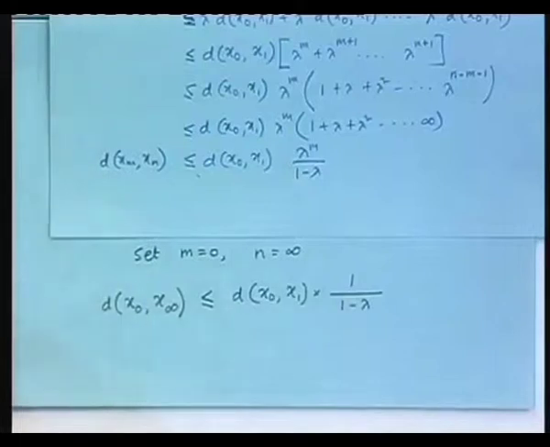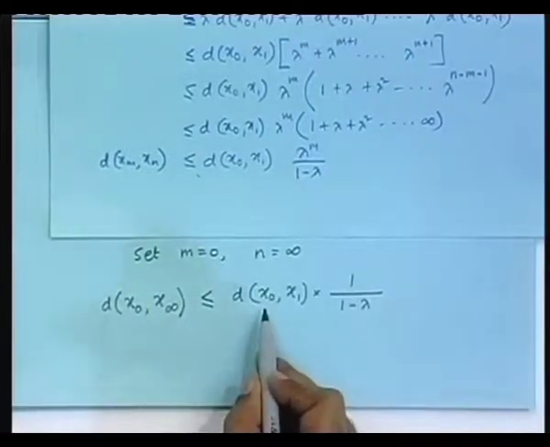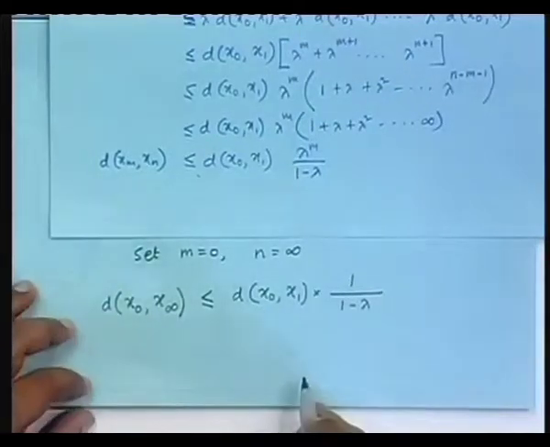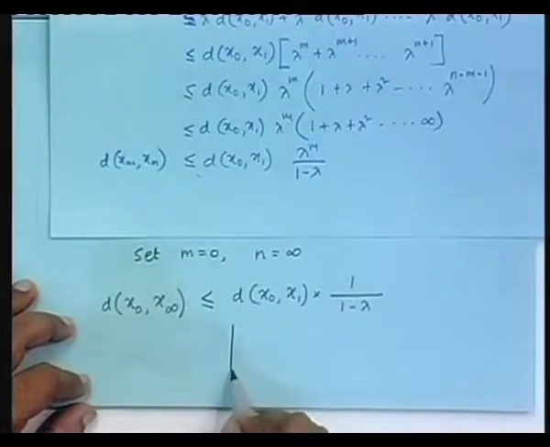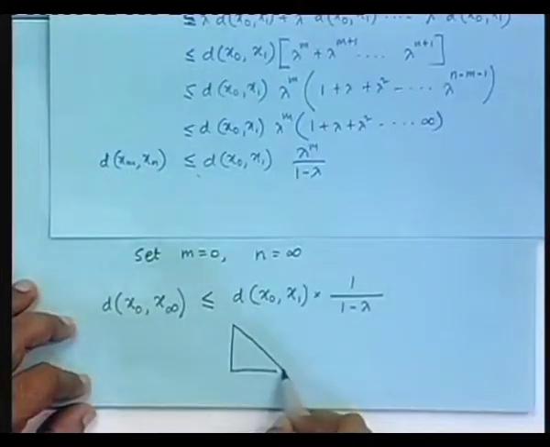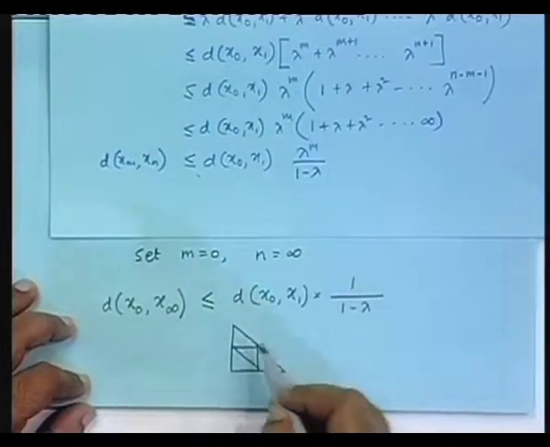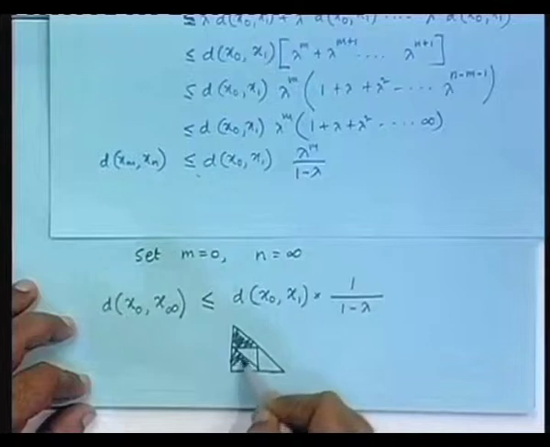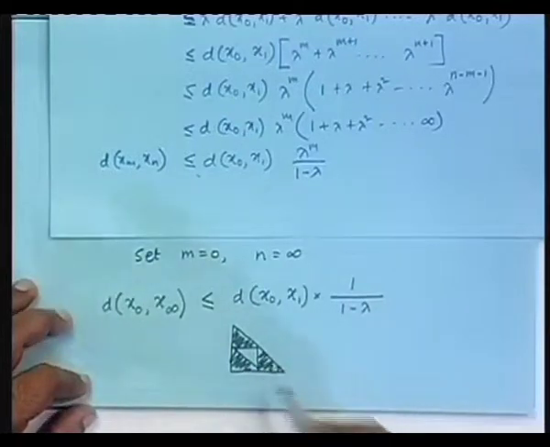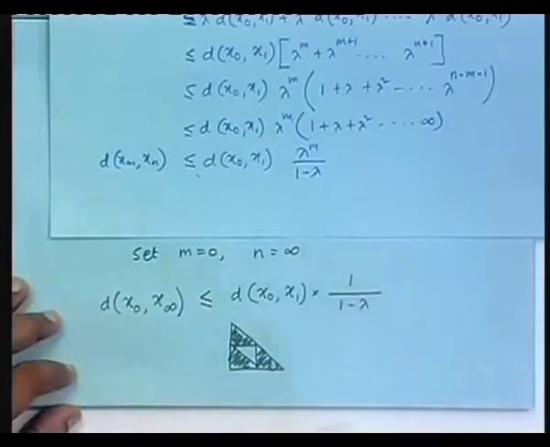See what it says. If I start from any particular object, suppose I have got the Sierpinski triangle or something like that, and so on and so forth, you have already done that.